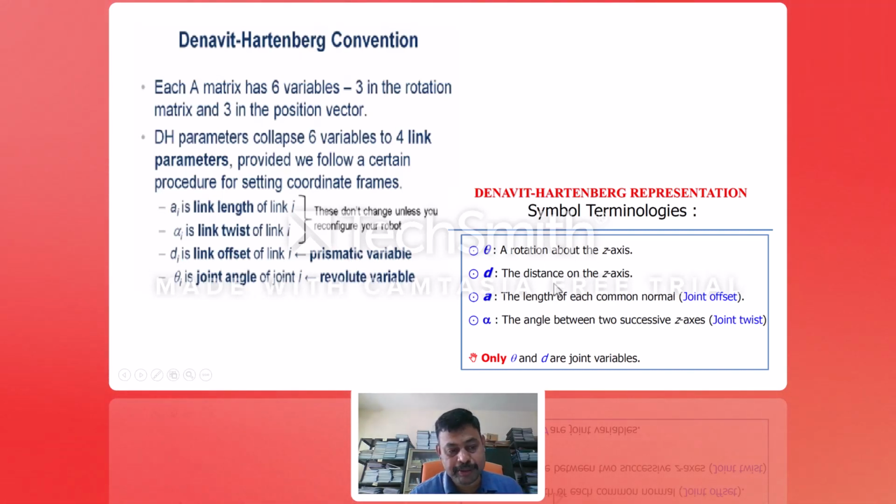Here we are putting a symbol for all those things. Theta is the rotation about the z axis, d is the distance on the z axis, a is the length of each common normal, the joint offset. That is what we are discussing here. And alpha is the angle between the two successive z axes, normally called twist. Here theta and d are joint variables.